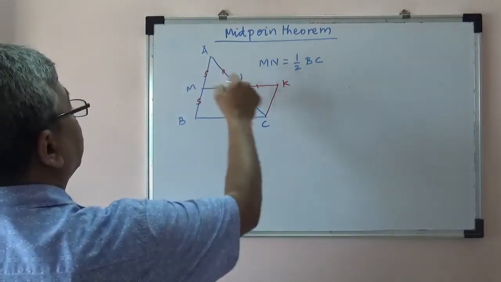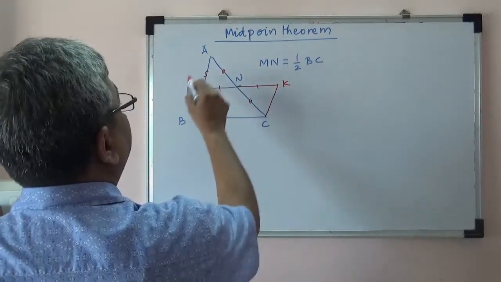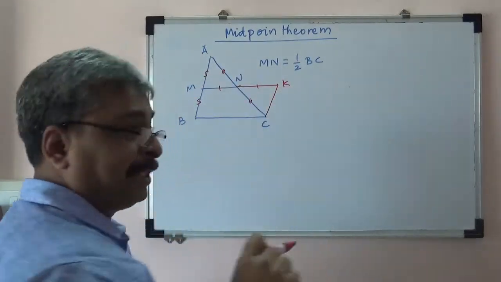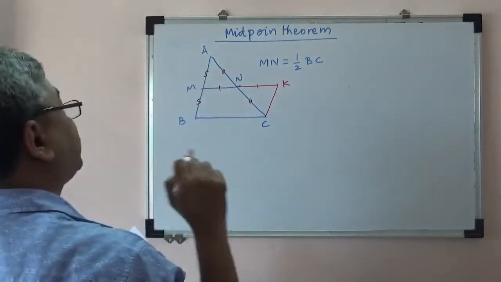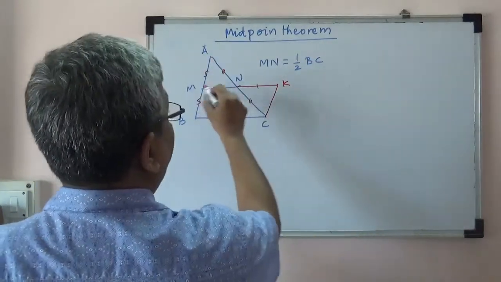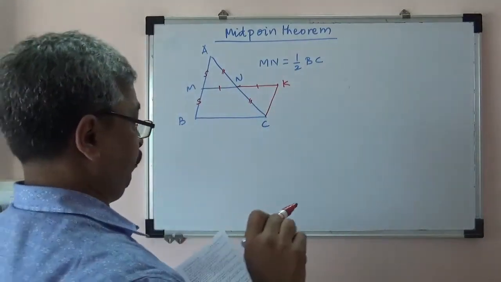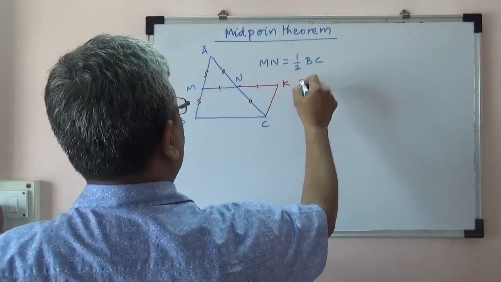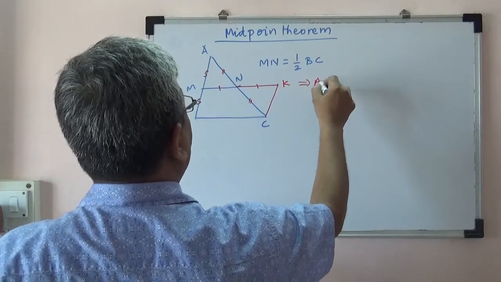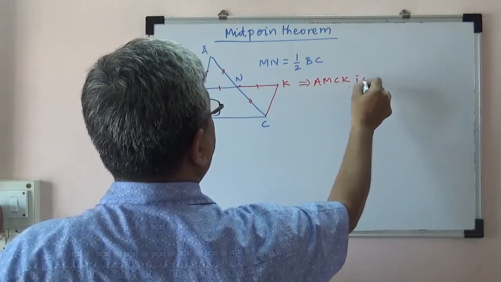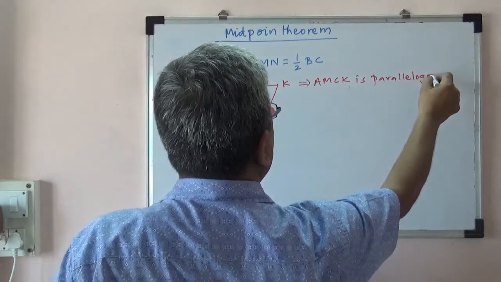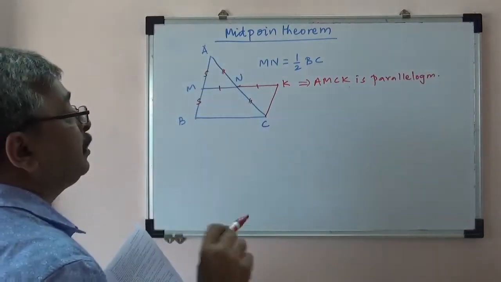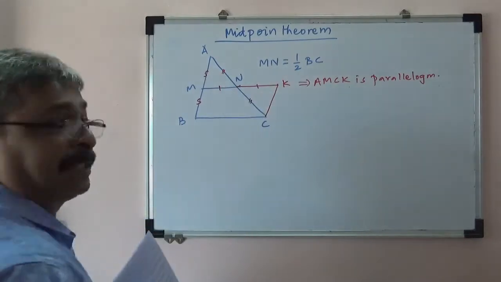If you look at these two segments AC and MK, they bisect each other. Therefore, by the theorem that we proved in the last lecture, the sixth theorem, AC and MK bisect each other implies AMCK is a parallelogram. Right? Because these two diagonals bisect each other.